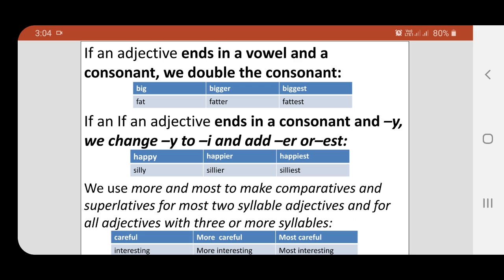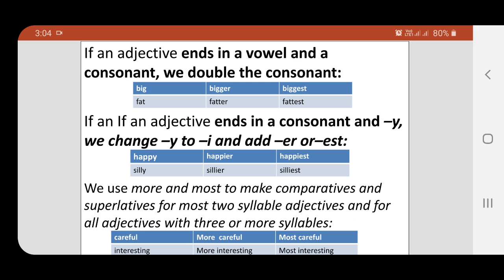Suppose if an adjective ends with a vowel and a consonant, we double the consonant. For example, big. So we double the consonant G, that is the consonant: big, bigger, biggest.